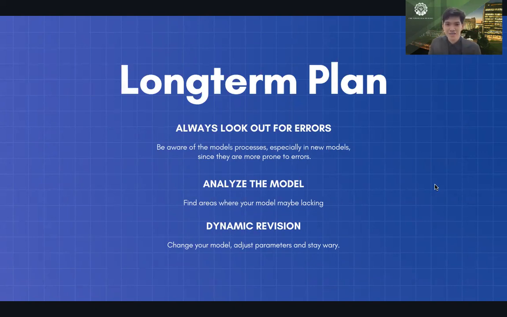Second, we analyze the model. We find areas where our model may be lacking. Third is dynamic revision. Specifically in a dire situation like COVID-19, we should always change our model, adjust parameters, and always stay wary regarding the model's data processes. So we will have more accuracy. This means better government responses.